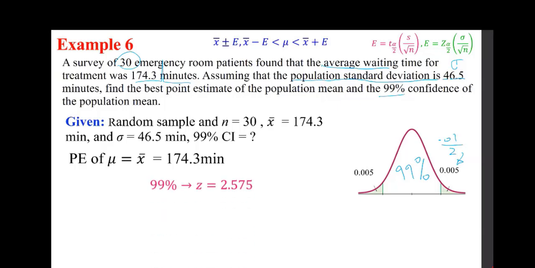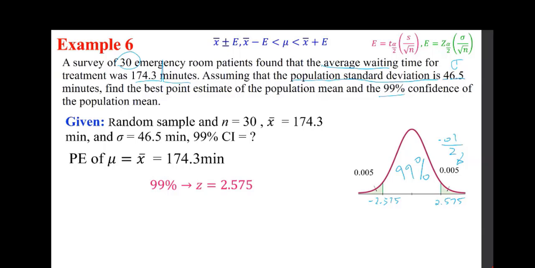This one is negative 2.575. This one is positive 2.575. So all you have to do, calculate the value of E, add and subtract the value from x bar, and you're done.